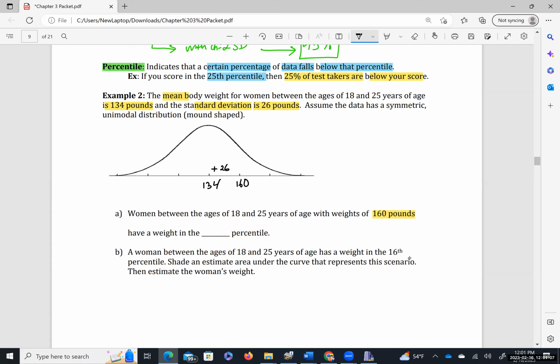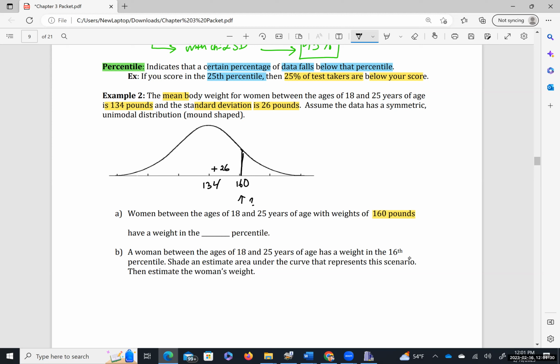Right, 160 pounds. And they ask, what is the percentile of this? Which means from 160 and below, how many percent do we have?